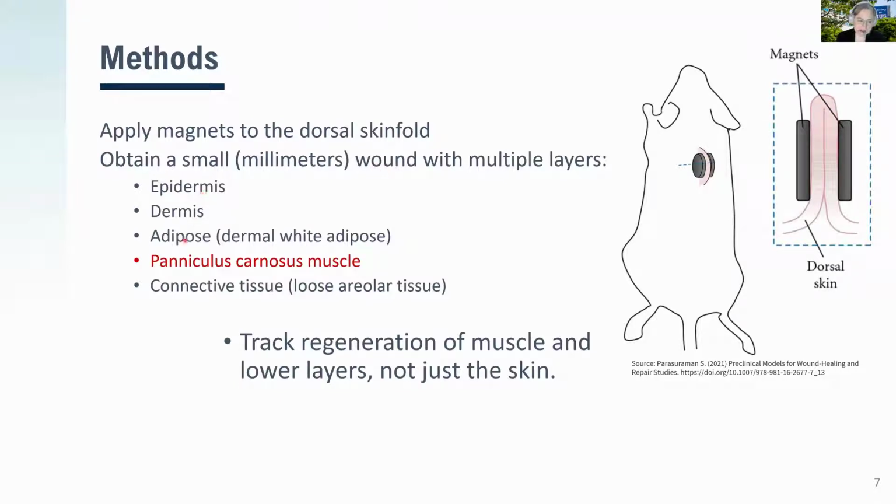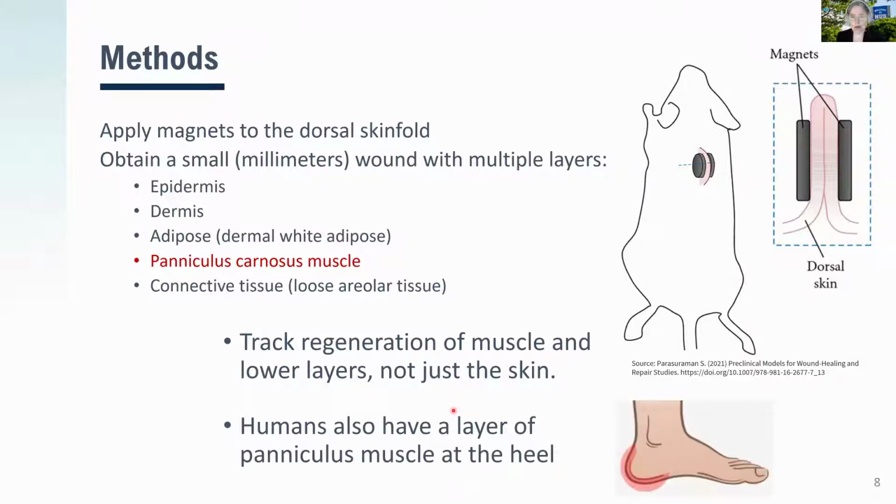Epidermis and dermis, then fat, a thin layer of muscle called the panniculus carnosus, and connective tissue, which is the loose areolar tissue. In this study, we're going to look at the lower layers, such as the panniculus carnosus muscle, and not just the epidermis, not just the re-epithelialization.